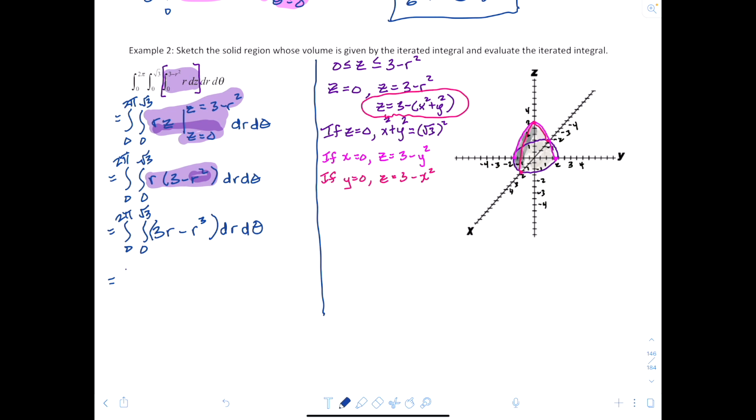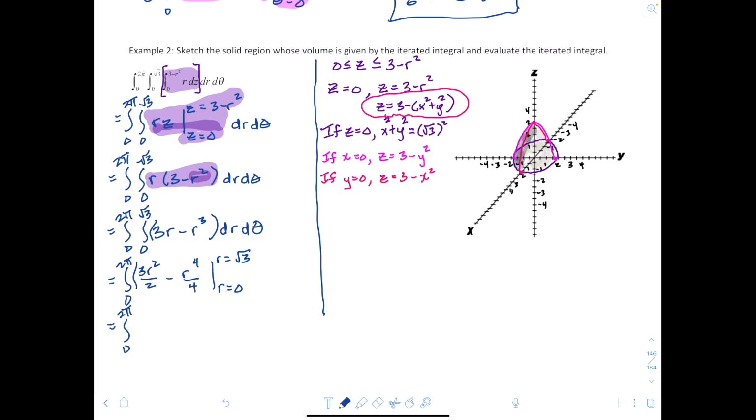So we will have the integral from 0 to 2 pi of 3r squared over 2 minus r to the 4th over 4, going from r is 0 to r is root 3. The lower limit of integration will again zero out.